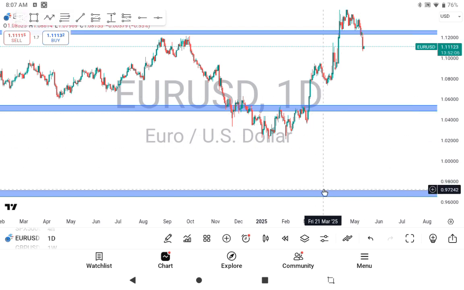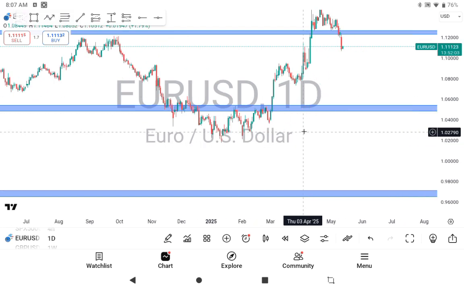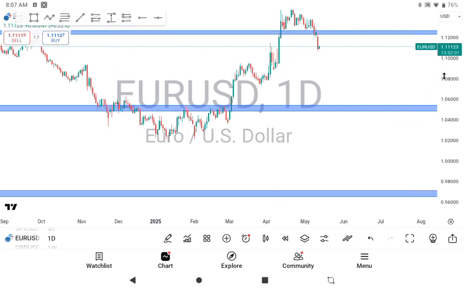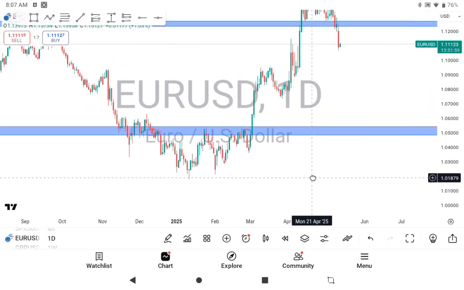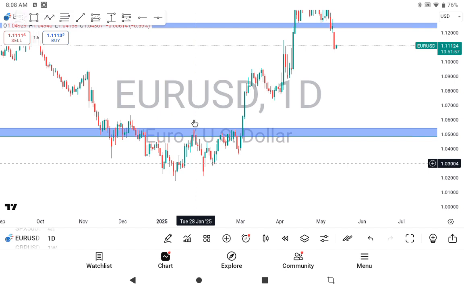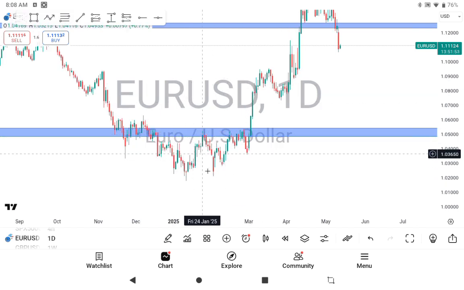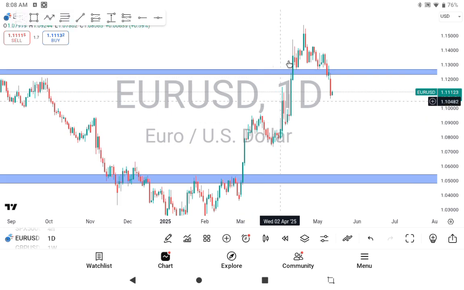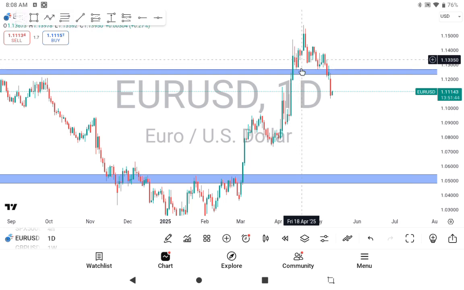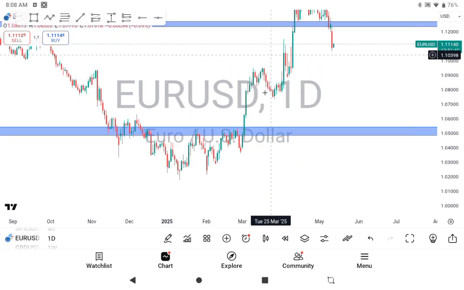Now, when that happened, we just noticed that Euro USD formed a trend reversal right here, and it elevated back up. And it elevated into the range again. Now we have a breakout of it, and what happened here has also happened right here.